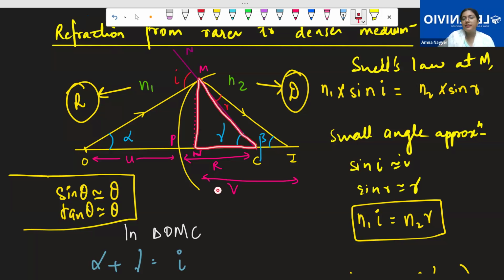In triangle MNC, what is tan theta equal to?